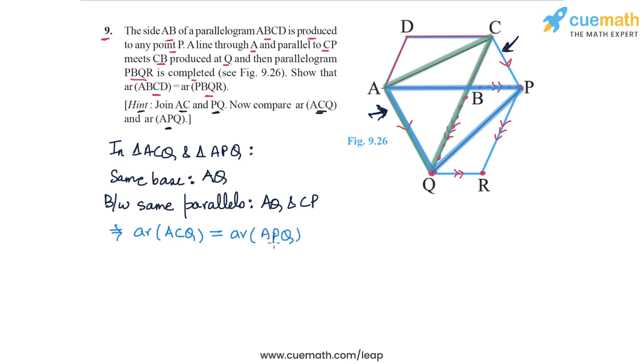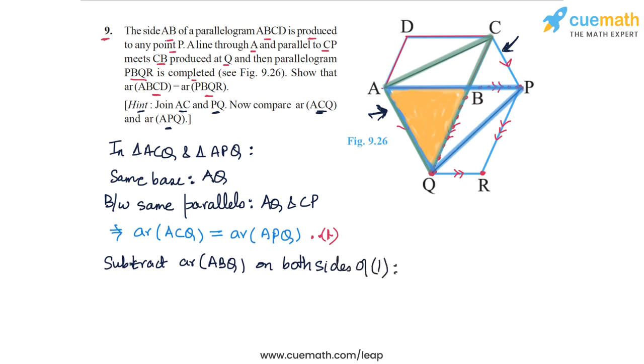Now, as I said in the reasoning, we will take out the common area, the area that is common to both of these triangles. So the area common to both of these triangles is the area of triangle ABQ. Let's subtract it from both sides. So let's call this equation 1, and now what we'll do is subtract the area of ABQ on both sides of equation 1.